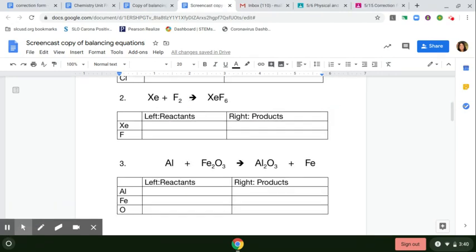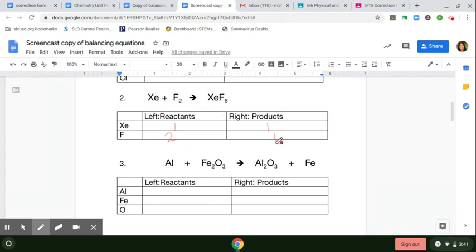So let's go on to the next one. So now I'm on xenon and fluorine. I have one xenon on this side, and I have one on this side. I have two fluorines on the left, and I have 6 on the right.